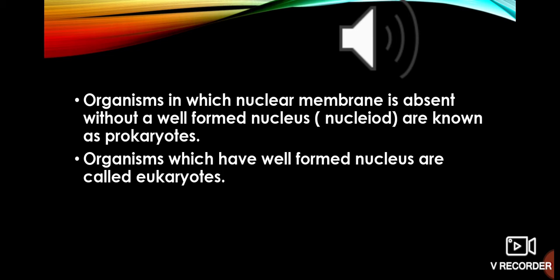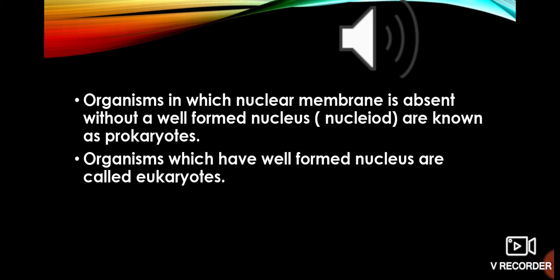Now, on the basis of presence or absence of a well-formed nucleus, organisms can be of two types. We have already discussed it: prokaryotes and eukaryotes. The organism which does not have a well-formed nucleus has a nucleus in the form of small fragments which together are known as the nucleoid.